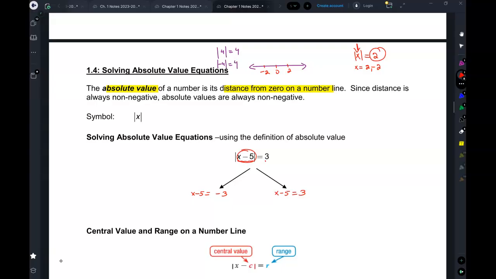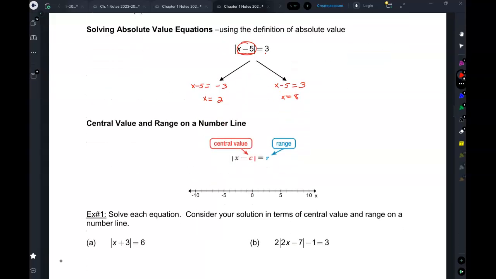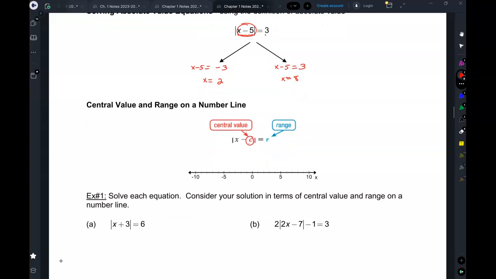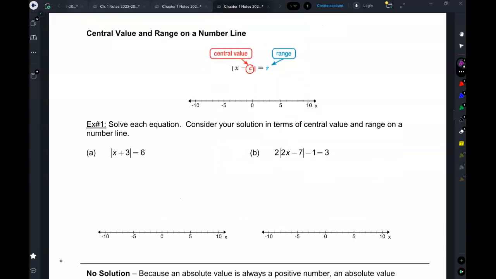So if x minus 5 is at negative 3 or x minus 5 is at 3, then x will be at 2 or at 8, okay? So that's what central value and range are. X minus c, so this number is the central value and the range is how far away it is from 0. It's easiest when we just solve one and then we'll take a look at what we're looking at, okay?